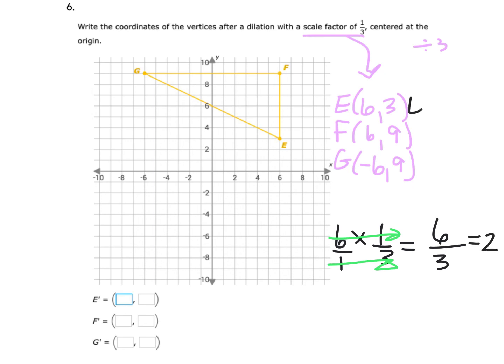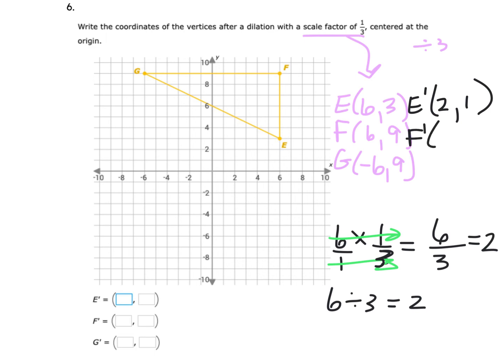So for E prime, I get 2. Or I could divide by 3. I could do 6 divided by 3, which is 2. So multiplying by 1/3 and dividing by 3 are the same thing. So whatever you would like to do there. Okay, so 3 divided by 3 is 1.